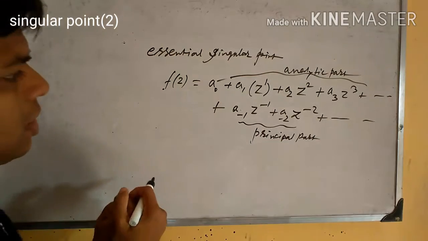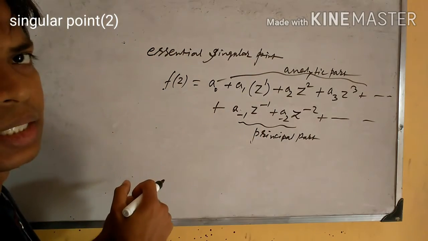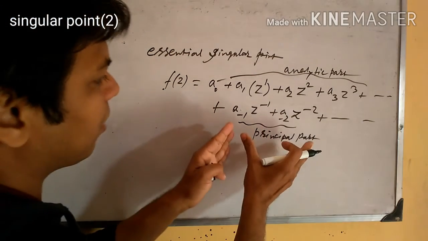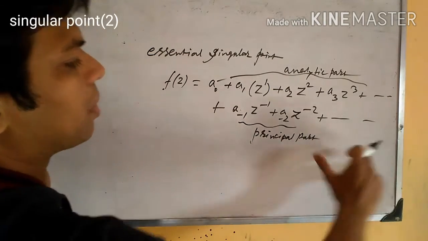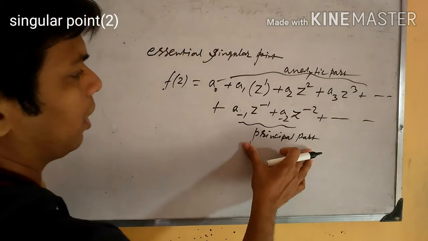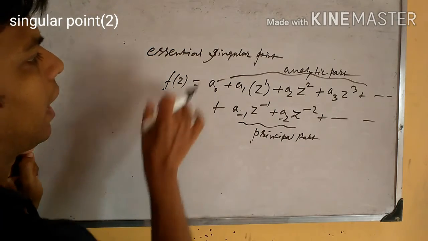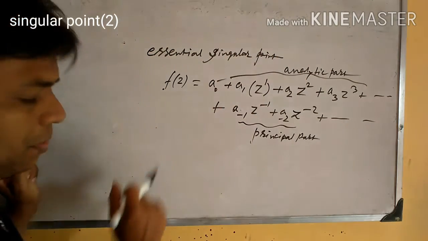If for any value of z there are an infinite number of terms in the principal part, then we call that z an essential singular point.